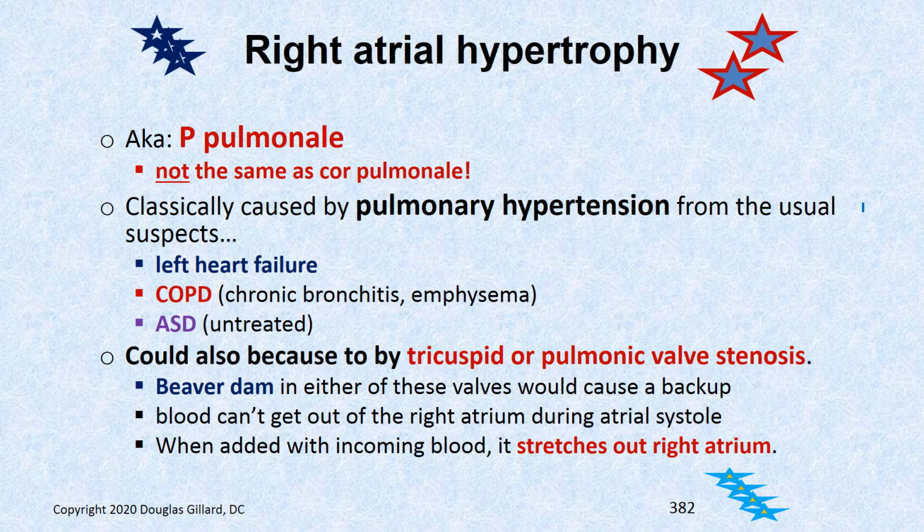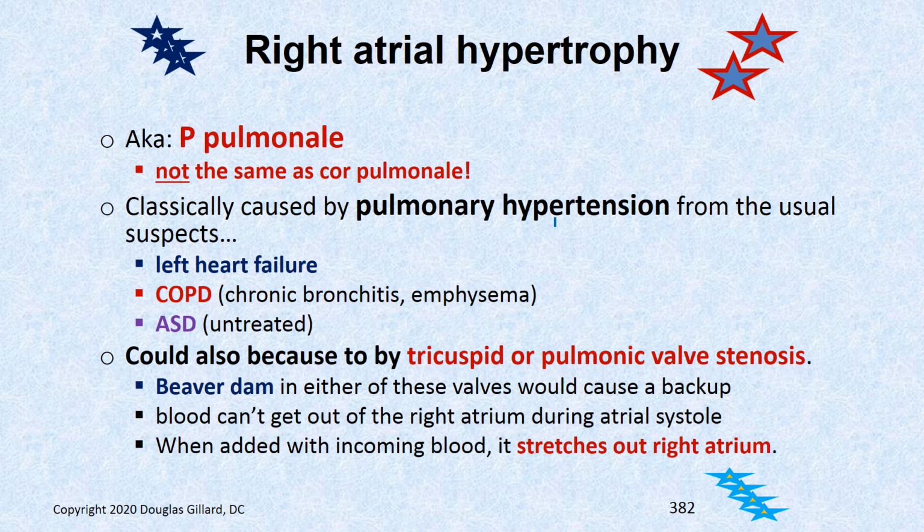P pulmonale. So right atrial hypertrophy, we have talked about that, but that is called P pulmonale. If you see P pulmonale, it means right atrial hypertrophy. It's classically caused by pulmonary hypertension, which has stretched out that right atrium, because if you have pulmonary hypertension, that means there's a beaver dam somewhere in the lungs or in the left heart.